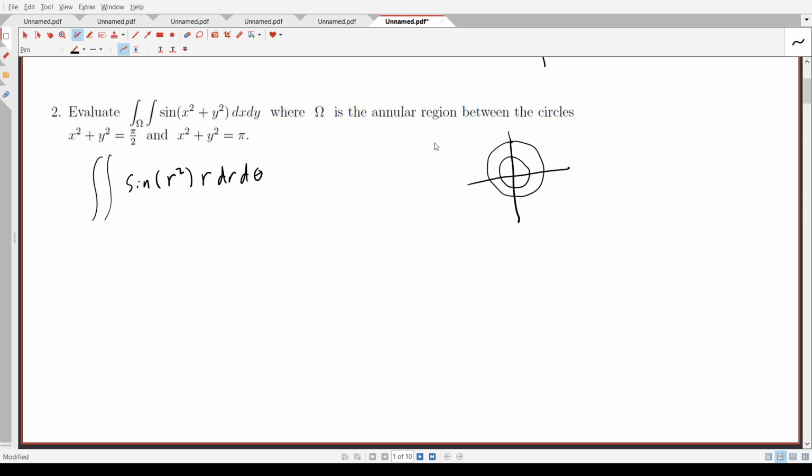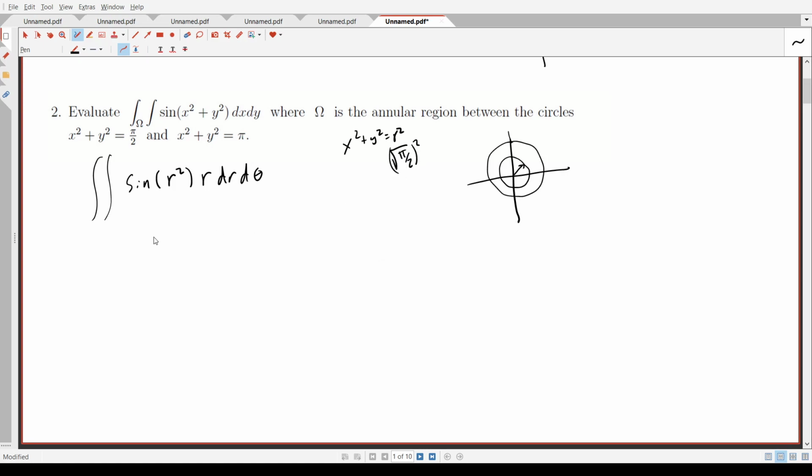So x squared plus y squared, what is the radius of this inner circle? What do you guys think? Radius of the inner circle is what? Half pi. So that's the tricky part. It's not. Because remember, x squared plus y squared equals r squared. It's going to be the square root of pi over 2.